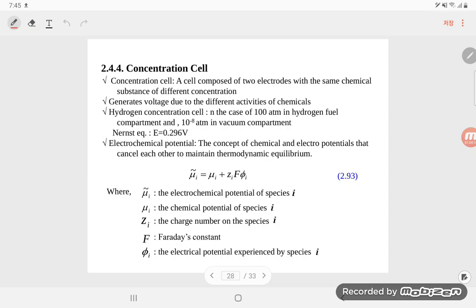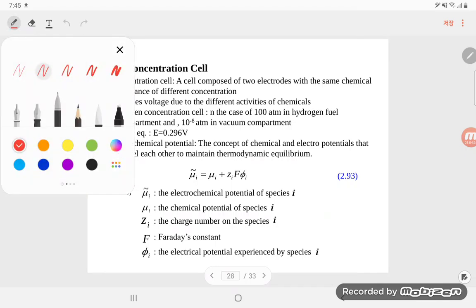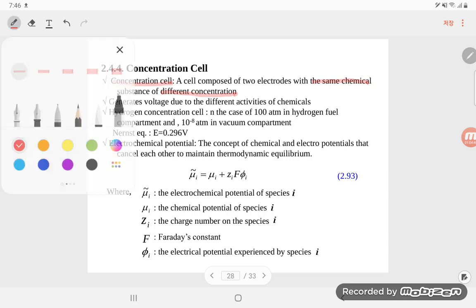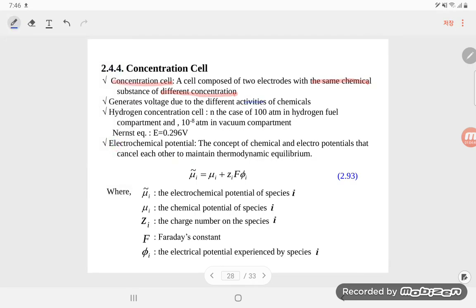Then let's move on to the concentration cell. A concentration cell means a cell composed of 2 electrodes with the same chemical substance at different concentrations, and it generates voltage due to the different activities of the chemical. The difference of this activity makes the voltage.